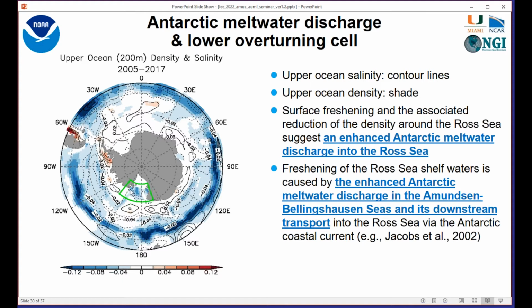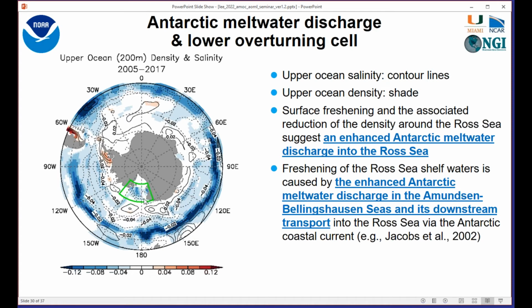But this does not really explain why the lower overturning cell is decreasing, because according to idealized climate model simulation, increasing Southern Hemisphere westerly should increase both cells, upper cell and the lower cell, but it is not happening. So if you think about what is driving the lower cell, it is not wind, it is convection.